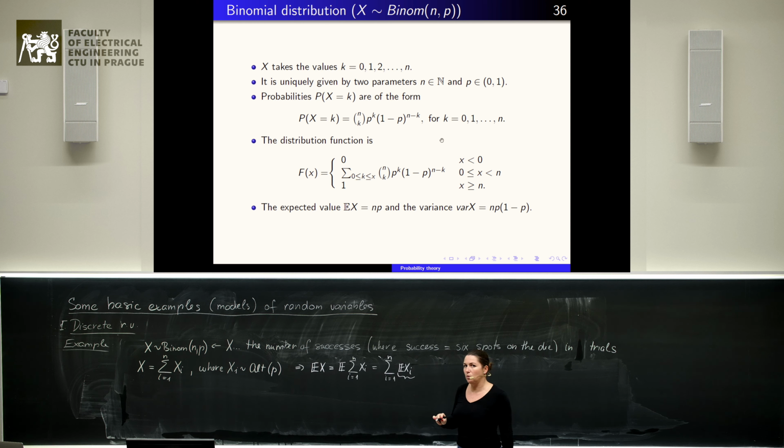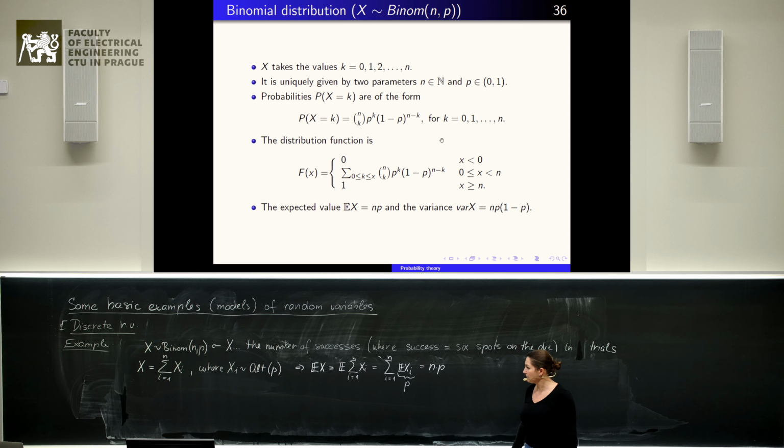The expected value of Xi is equal to p. So in this way, we get n times p.